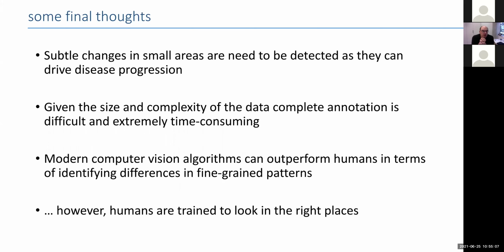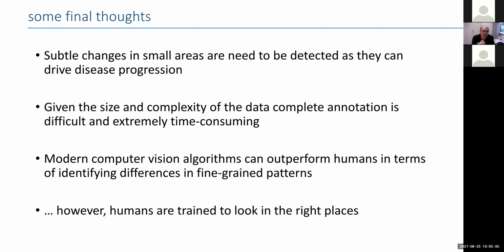So I think subtle changes are, of course, something pathologists are highly trained in. They are in small areas, and they need to be detected as these can drive disease progression. Given the size and complexity of these images, it's very difficult to do exhaustive pixel-based annotations.